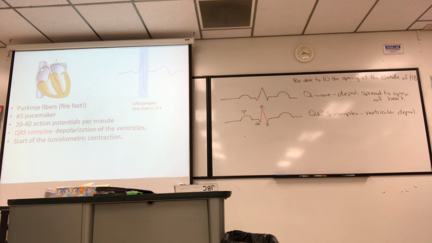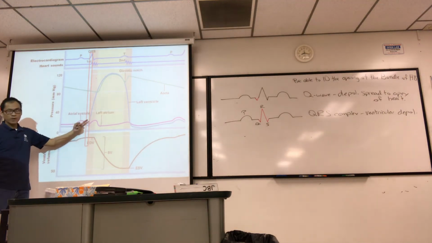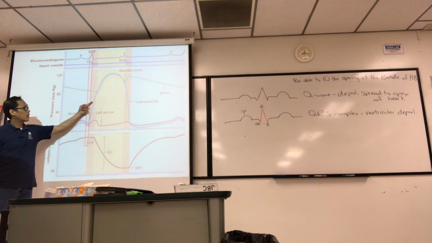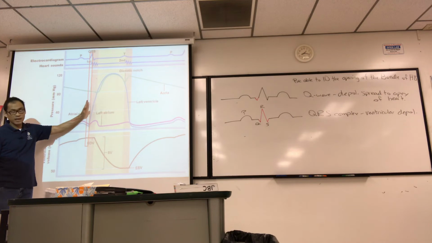So remember, this causes systole. They got the QRS complex on our graph right at the brink of systole, or we call it isovolumetric ventricular contraction, right here. So it precedes that, okay?